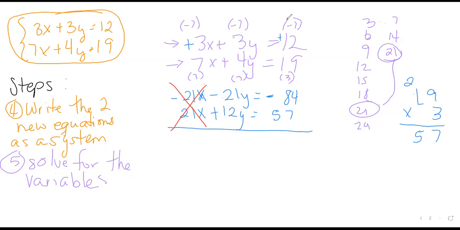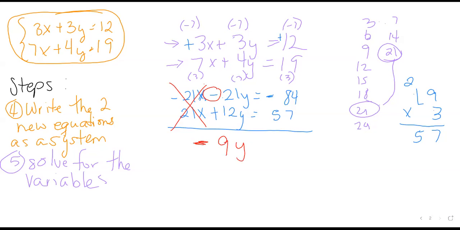Oh, 21. I thought you were including the signs as well. No, I'm just putting already that my answer is going to be a negative answer. So then now what's 21 minus 12? Nine.